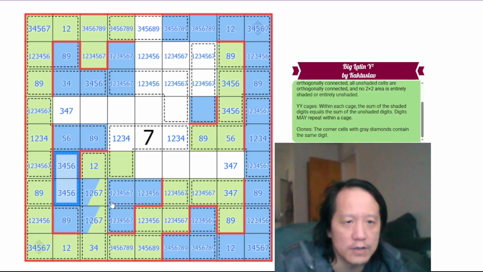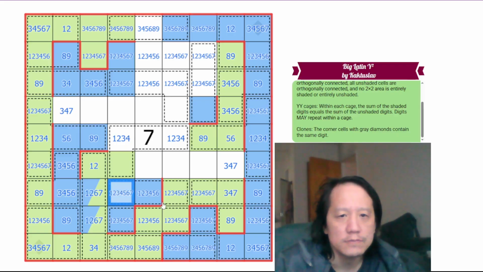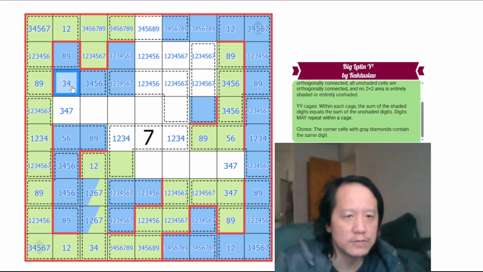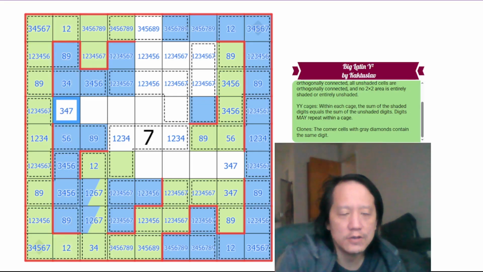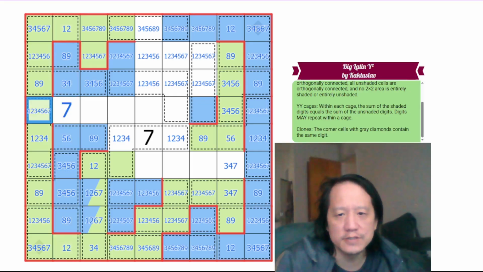What else do we have? This can't be 7. So where is the 7 in column 2? It has to be here. So this is 7, which eliminates 7 in the row.